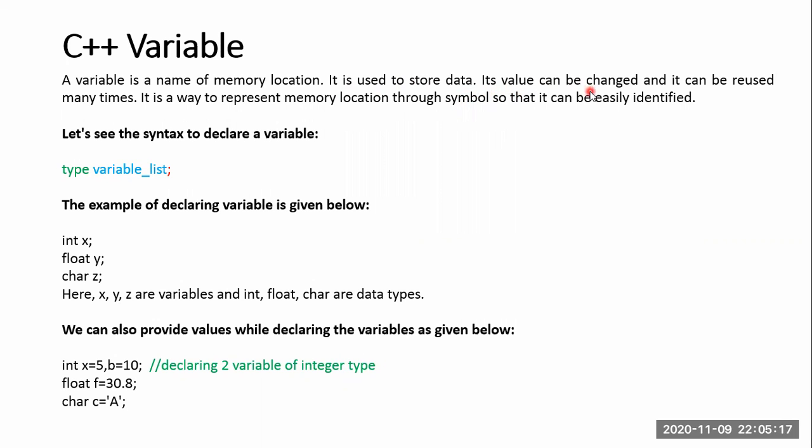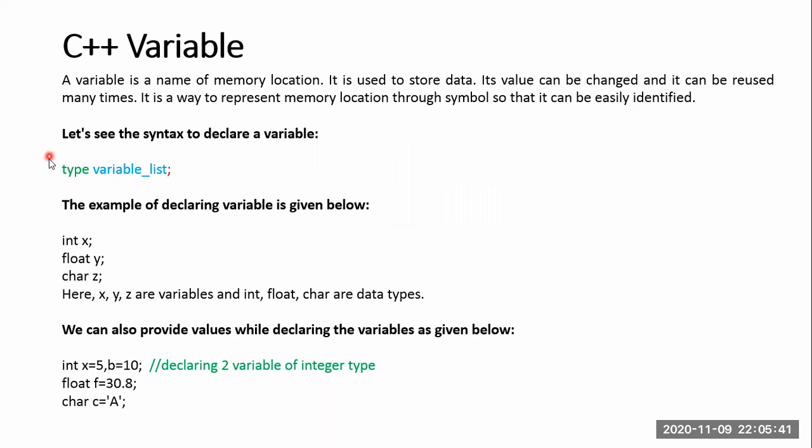Its value can be changed and it can be reused. We can update the value and reuse the memory location as many times as we want. It is a way to represent the memory location through symbols so that it can be easily identified.